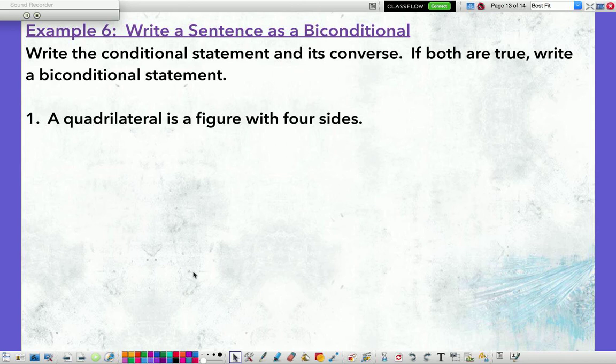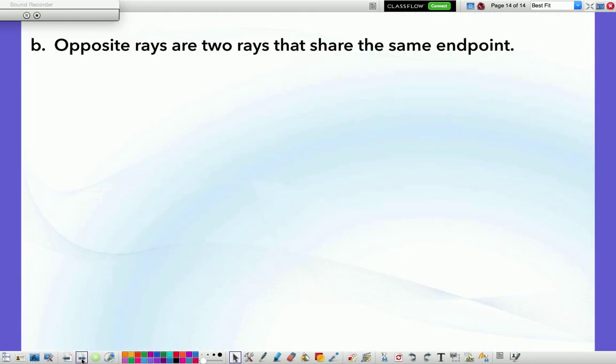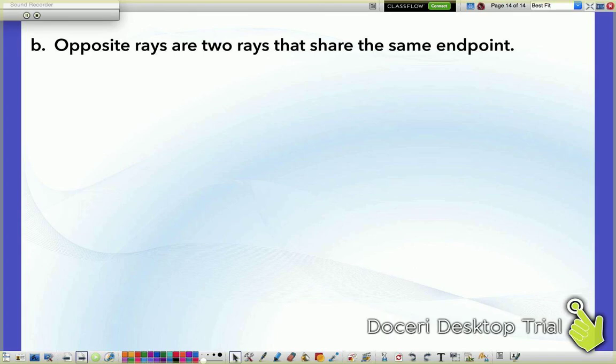All right, last slide. Woo, almost done. Yay. Okay, so let's look at this. Let's write the conditional. Boy, my handwriting is getting bad.